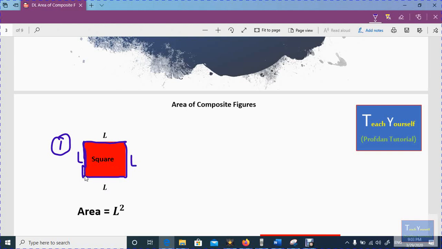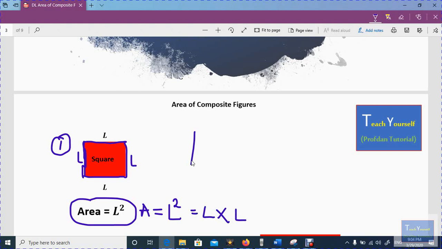To find the area, you recall that the area of a square is simply the square of its length, that is, length times length.